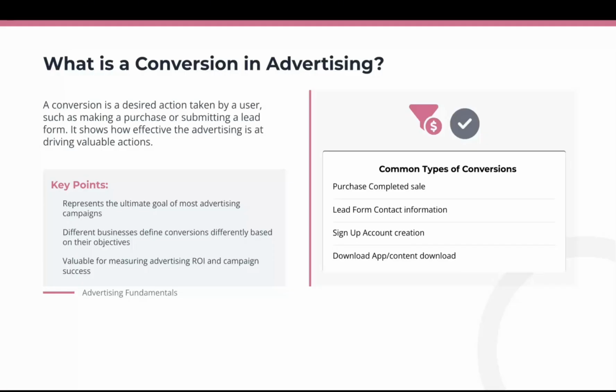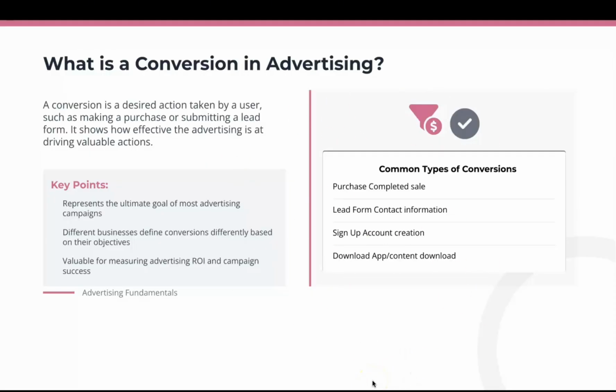Some of the key points here: it represents the ultimate goal of most advertising campaigns. Different businesses define conversions differently based on their objective, and there is value. So this is very valuable for measuring the advertising return on investment, or ROI, and the campaign's success. Here are just the types of conversions that we have.